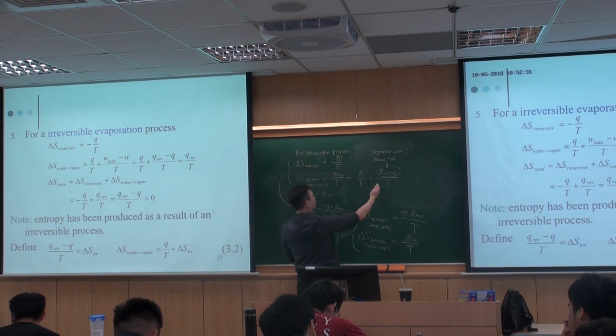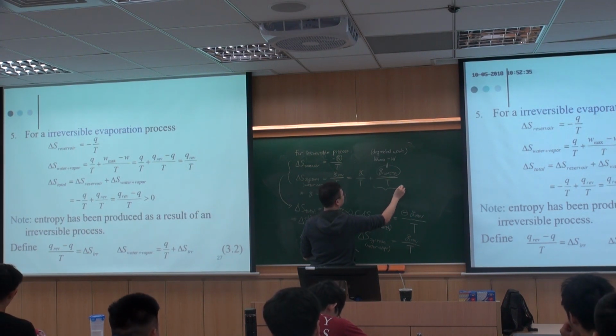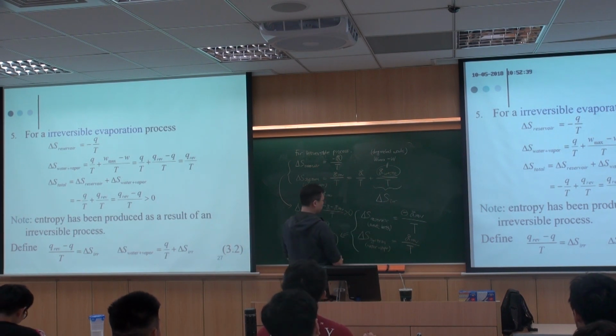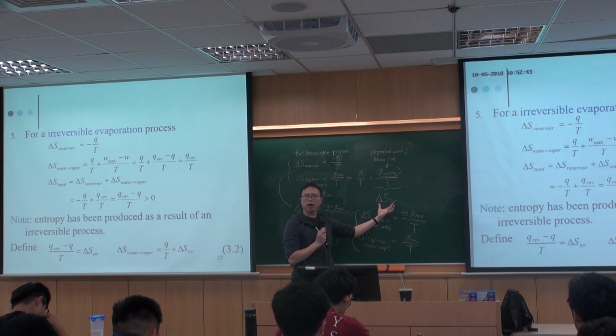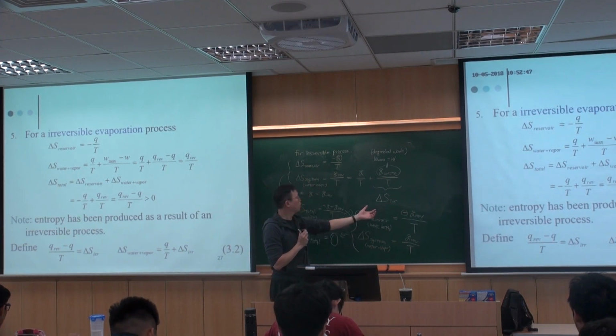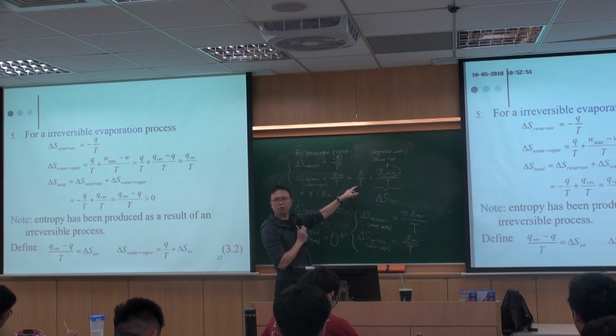So we can define this term over here as delta S IRR, irreversible. So this is the extra entropy change due to the irreversible process nature. And this is, of course, the heat absorbed from the heat reservoir.